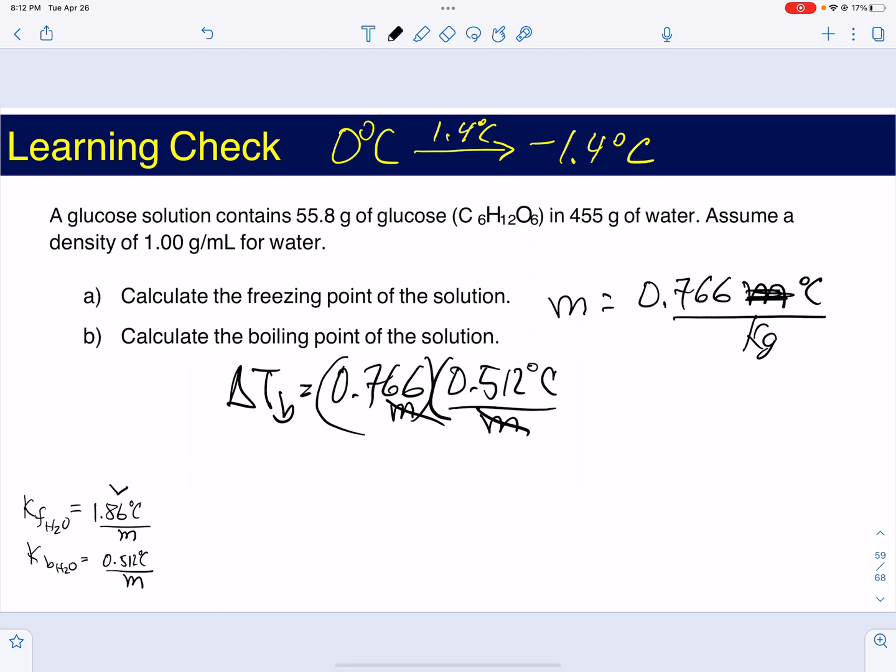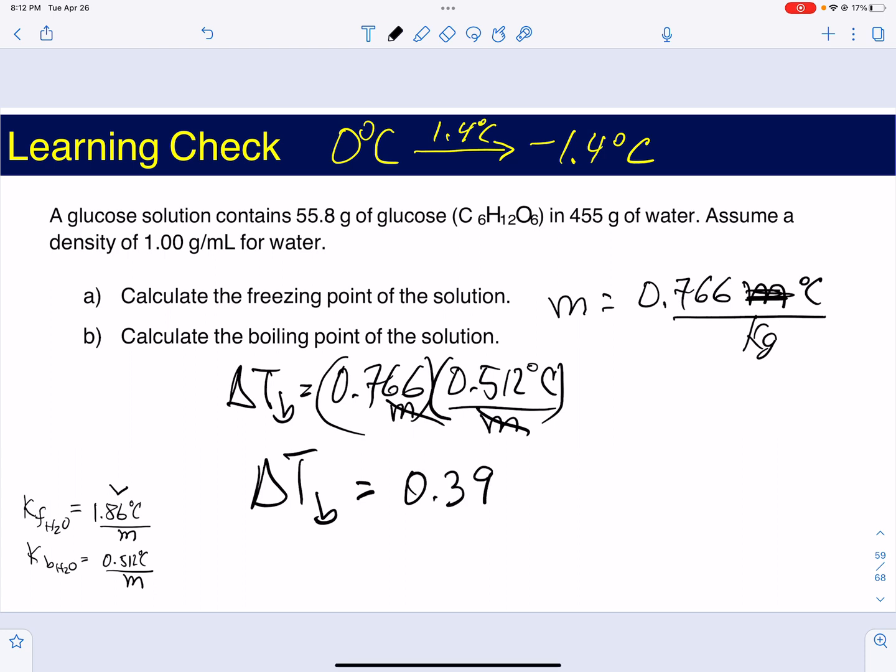So that's going to cancel. And what we're going to get is that the change in the temperature of boiling is going to be 0.766 times 0.512.